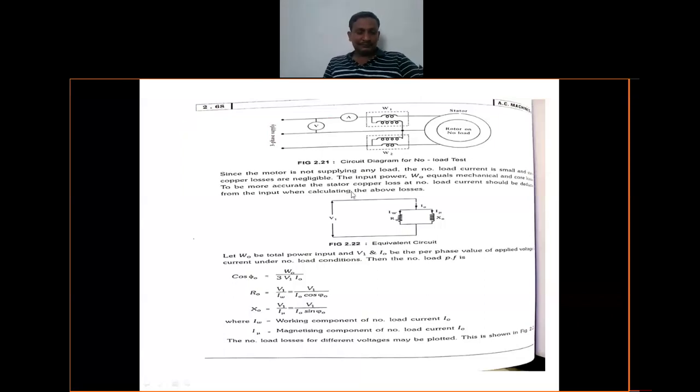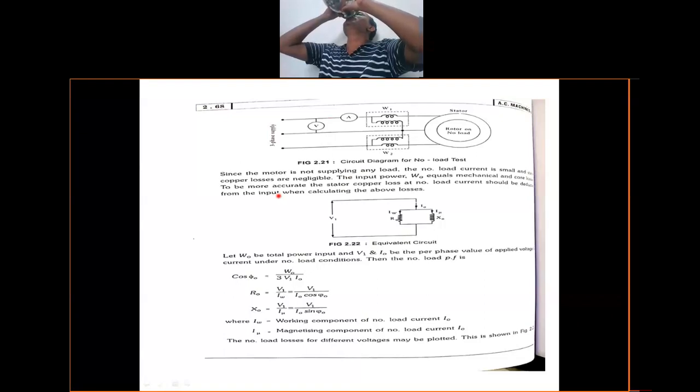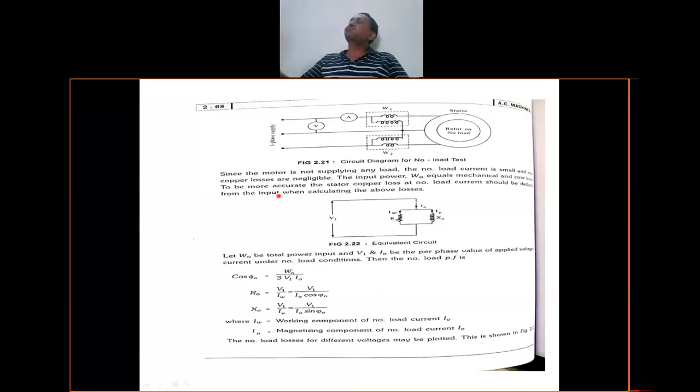This test is exactly similar to the transformer open circuit test or no load test.